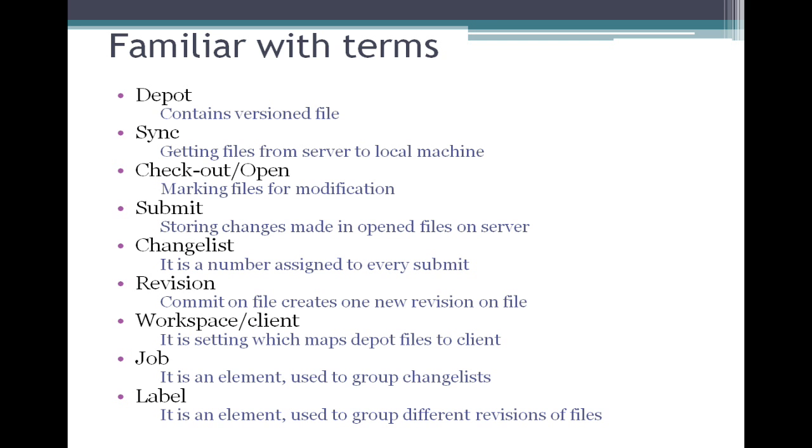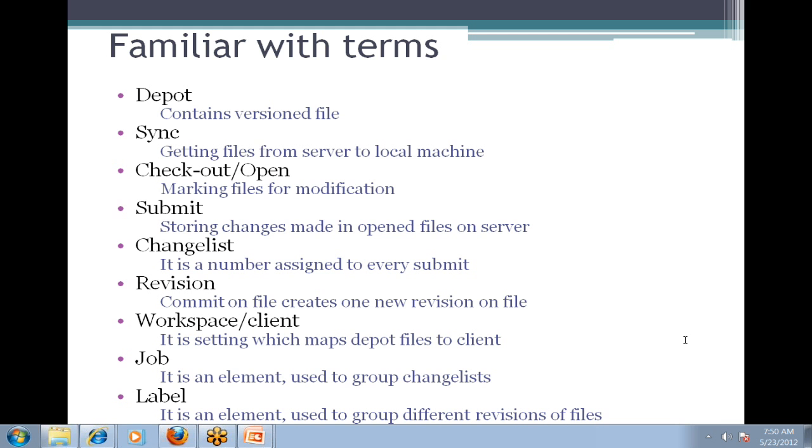Okay, so both are the same. The job and the label are the same. It's an element, but the job is to group change lists, and the label is to group the files. That is the only difference. I'll explain what they mean in detail when it comes to the jobs and label part.